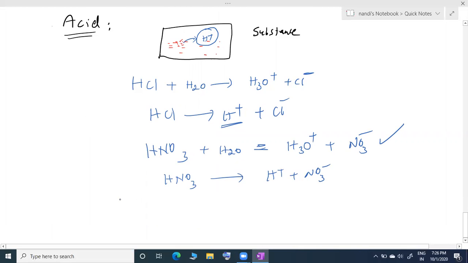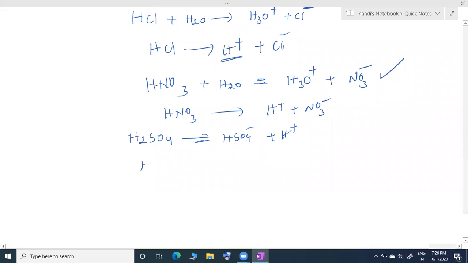I can take a few more substances, for example H2SO4. It can release one H plus ion first. After that, one more H plus ion can also be released: H plus plus SO4 2 minus.